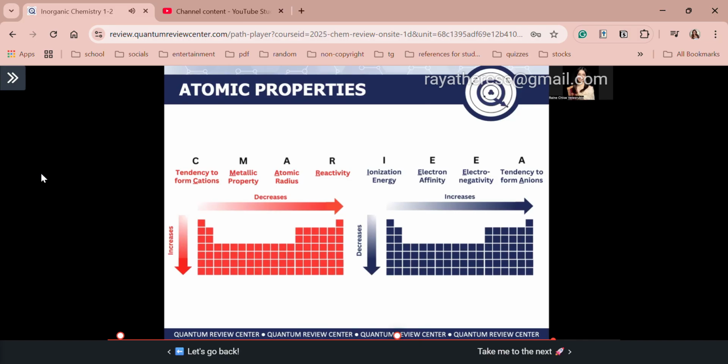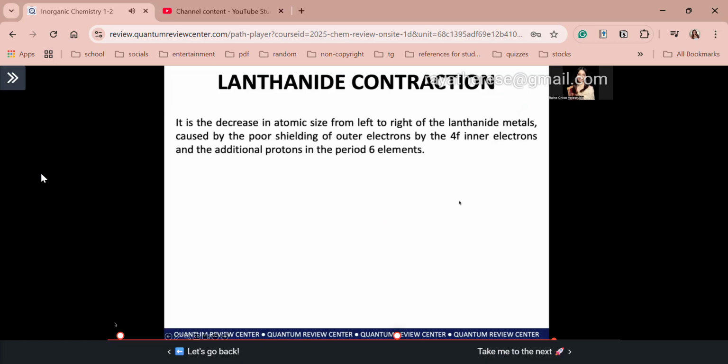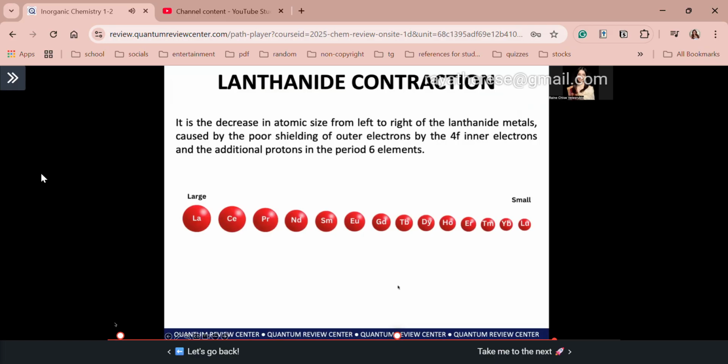Now, there are many atoms which do not exactly follow the periodic trends. One cause of this is the lanthanide contraction. It is a decrease in atomic size from left to right of the lanthanide metals. So these are your lanthanides. Now, the additional electrons ng lanthanide metals are from the f orbital. Natatandaan niyo sabi ko last time, yung f orbital, big siya, very spread out. Wala siyang definite shape. Hence, electrons from the f orbital poorly shield the outermost electrons from attraction with the nucleus.